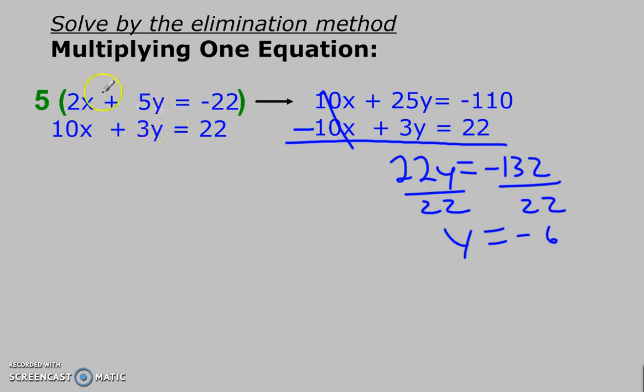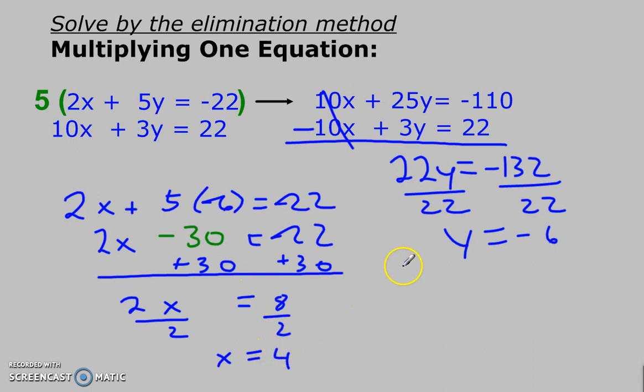Then plug the negative 6 into either one of these. So we have 2x plus 5 times negative 6 is equal to negative 22, and then solve that. That gives me x is equal to 4, then my ordered pair is 4 and negative 6.